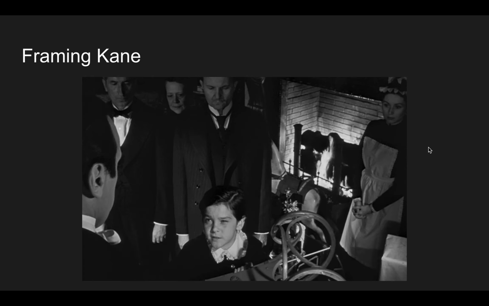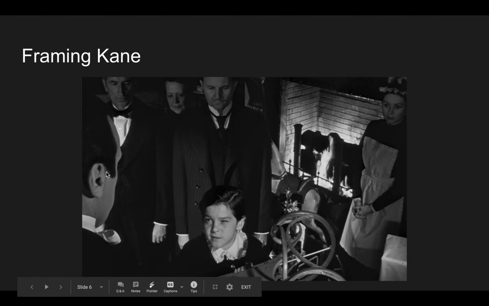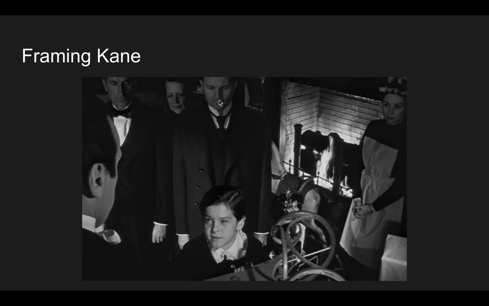Here's a great use of the high angle. And again, we know that the high angle is often used to show a character's lack of power. Maybe it's a character who feels vulnerable or threatened. And again, Mr. Thatcher here on the left. And then we have all of Mr. Thatcher's, I guess you could call them, servants, his housekeepers, and so forth, butlers, the people that work for him.